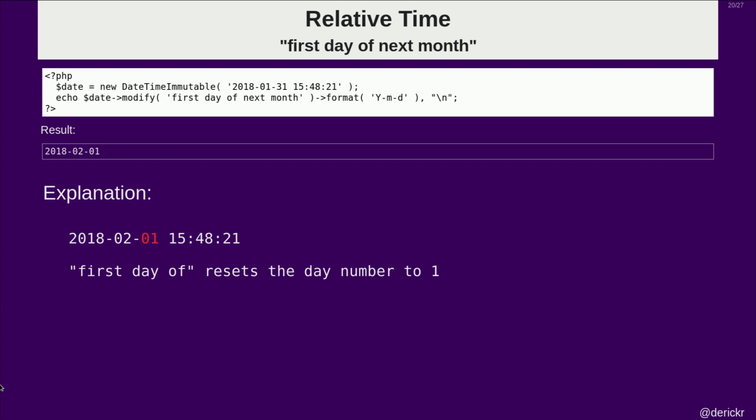Besides first day of next month, you can also do last day of next month, which is actually cheating a little bit. What it does is add 1 to the month, as it usually does for next month. Last day of next month will also add 1 more to the month, but then sets the day to number 0.